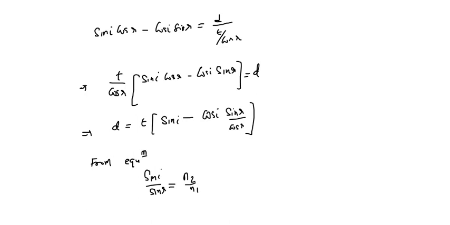Okay, if n1 equals air, meaning n1 is the refractive index of air, which is equal to 1, then n2 will be the absolute refractive index. So we can write sin I by sin R equal to n2, right?